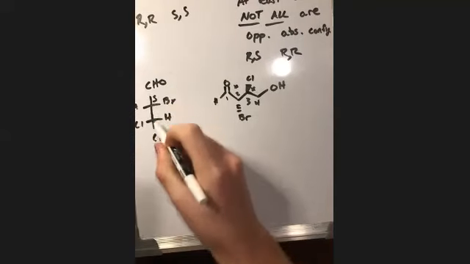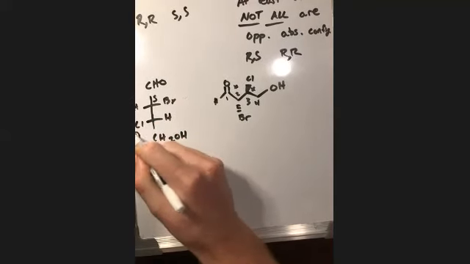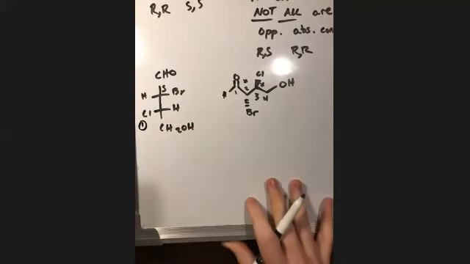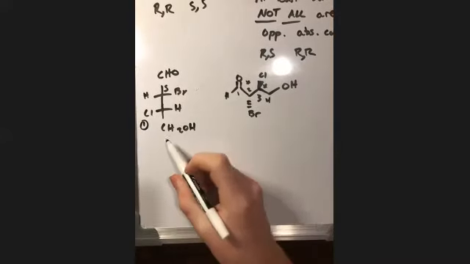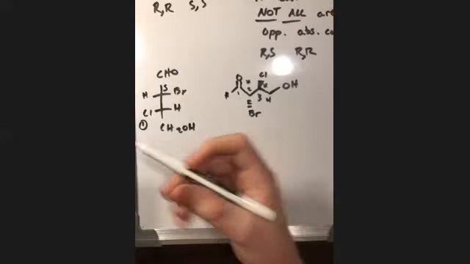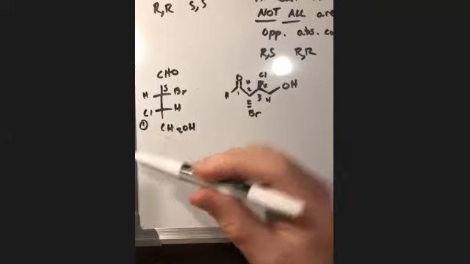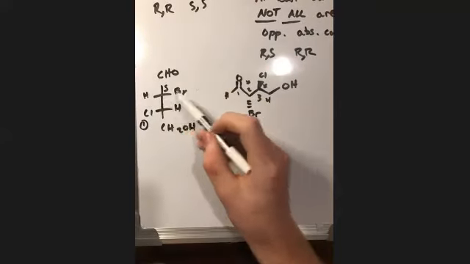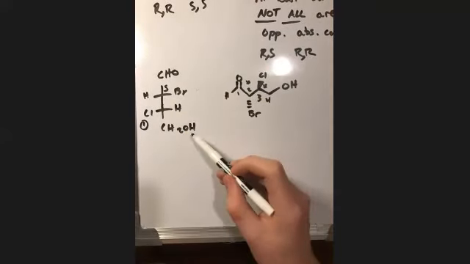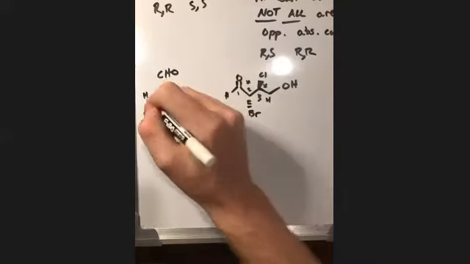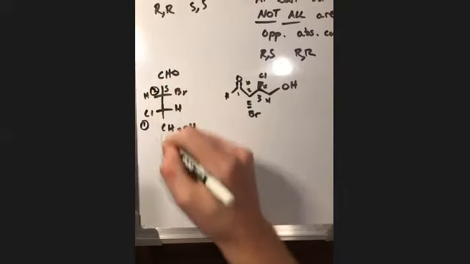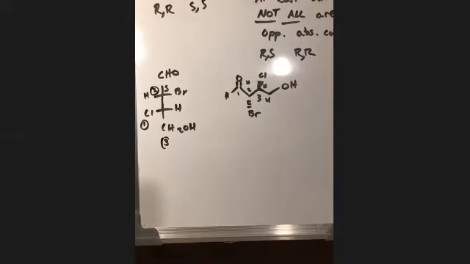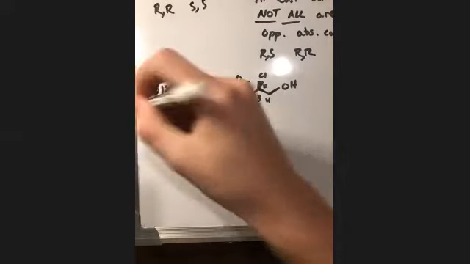So this center is a carbon, carbon, chlorine. So again, you don't need to go to the next bond yet because the chlorine has higher priority over the carbons. Now you do have to go to the next bond because it's a carbon bound to a bromine or a carbon bound to an oxygen. So the carbon bound to the bromine has higher priority. So this is 2. This group then is 3. The hydrogen is 4. So this looks like R.